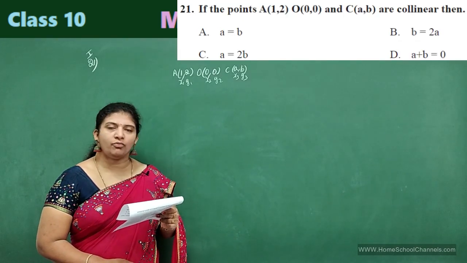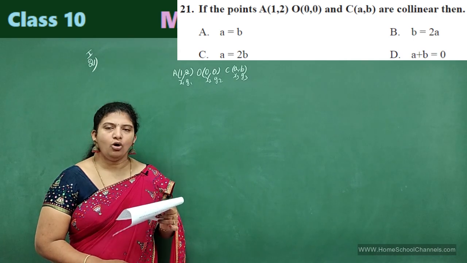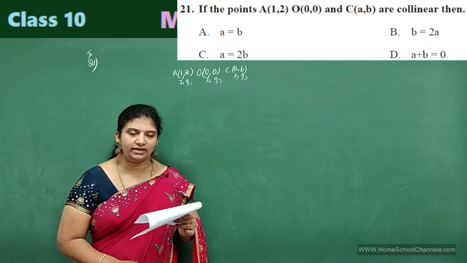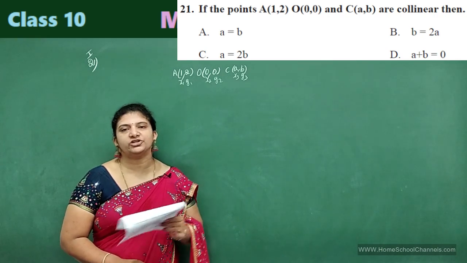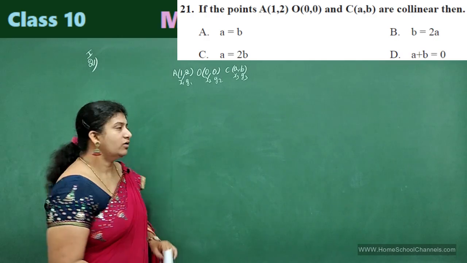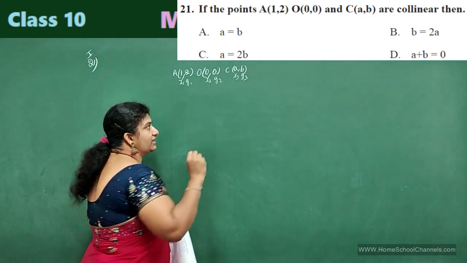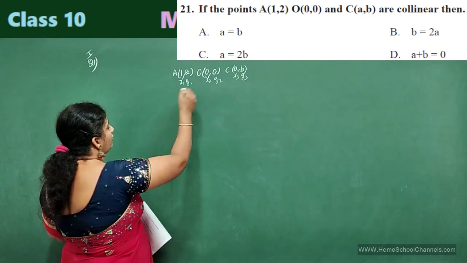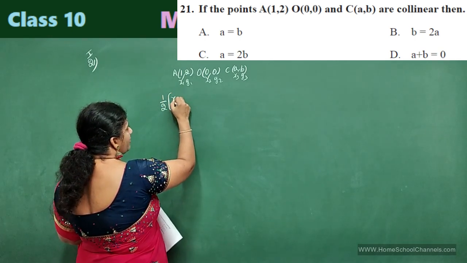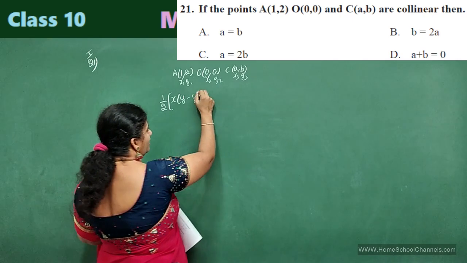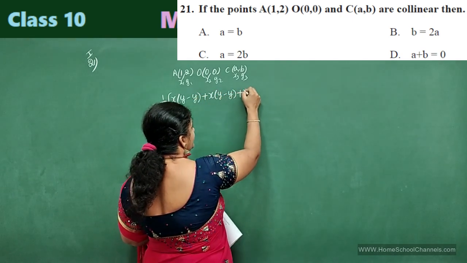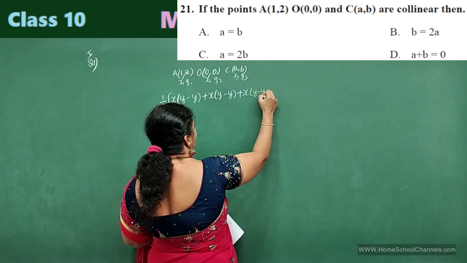21st one, if the points A(1, 2), O(0, 0) and C(a, b) are collinear, then see which option is right. If these three coordinates are collinear, what do you remember? Area of a triangle is equal to 0. Area of a triangle formula: half into x1 (y2 minus y3) plus x2 (y3 minus y1) plus x3 (y1 minus y2).